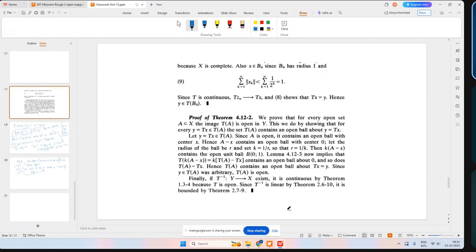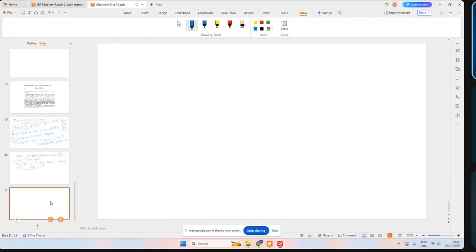Finally, what it says is, since A is arbitrary, TA is open. Finally, T inverse, if it exists, then by the theorem, T inverse is also linear and continuous. Essentially, what we are saying is, this part I will explain to you. It's not written properly. Suppose T is a map from X to Y. T is one-to-one.